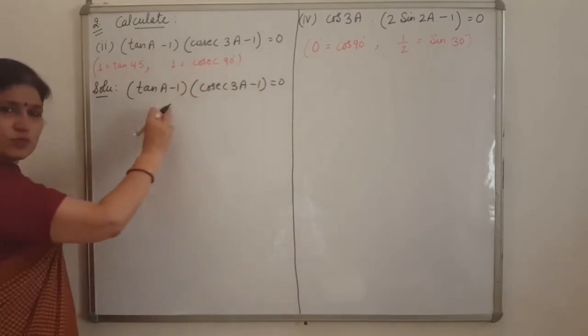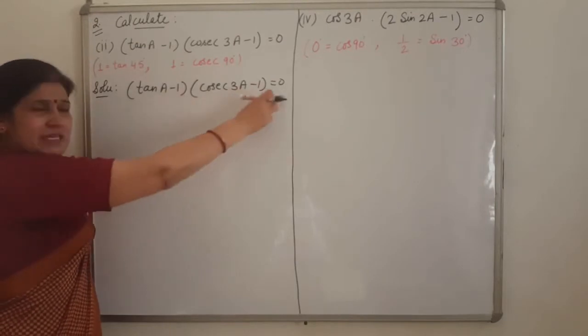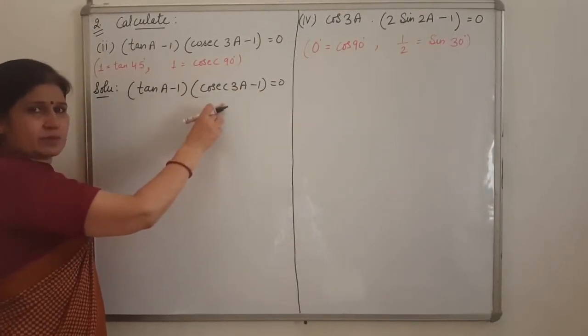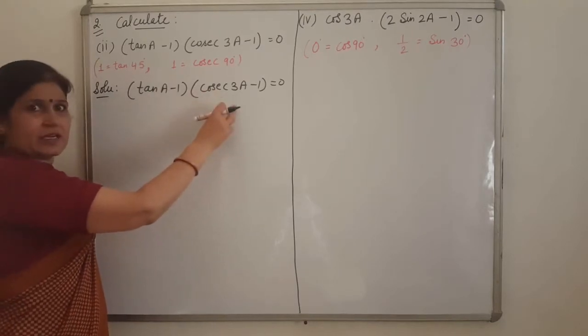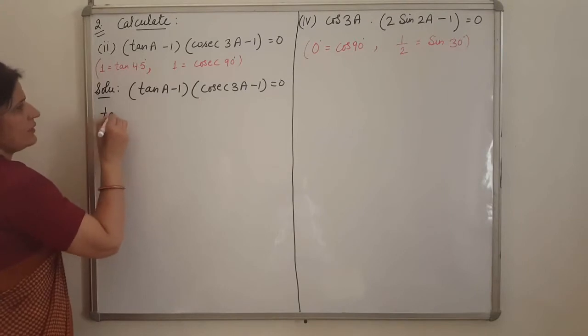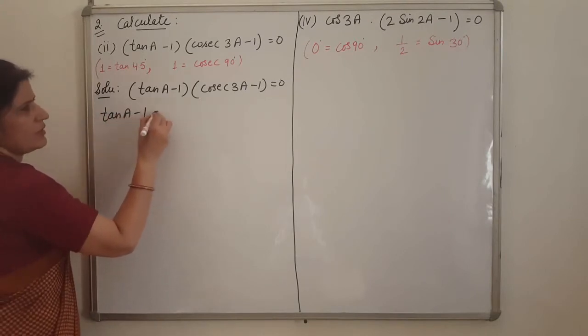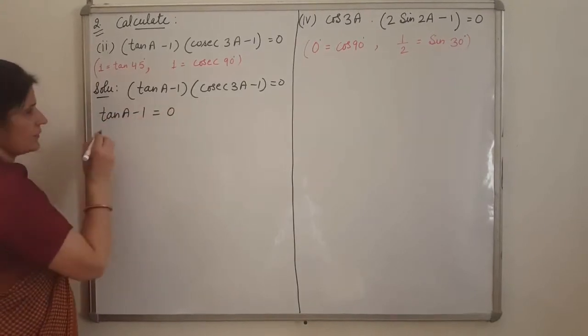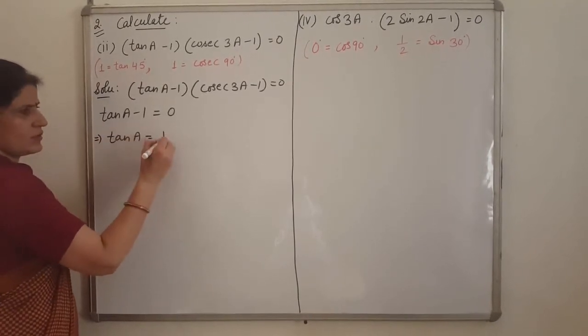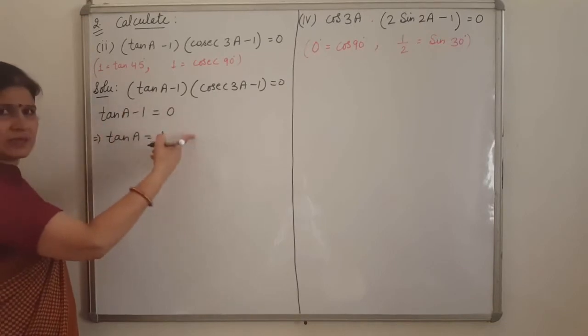Here we have two factors whose product is equal to 0. That means either this or this is equal to 0. So first we will take this one. Tangent A minus 1 equals 0. So tangent A equals 1. Minus 1 will go there as plus.